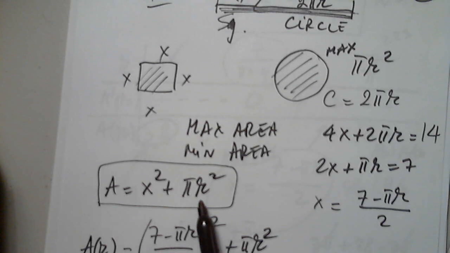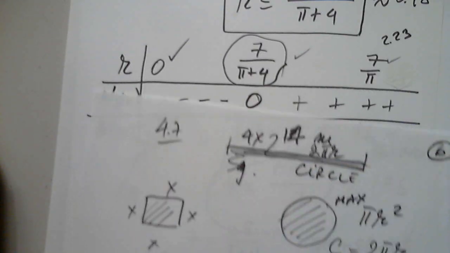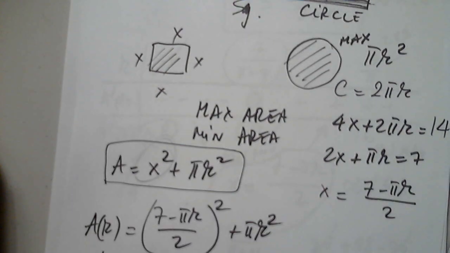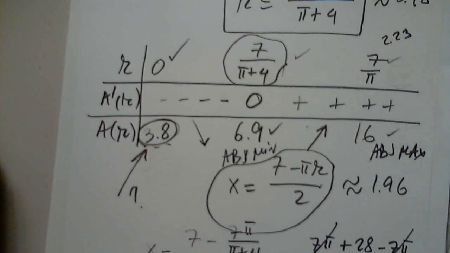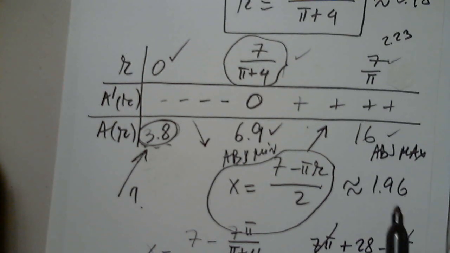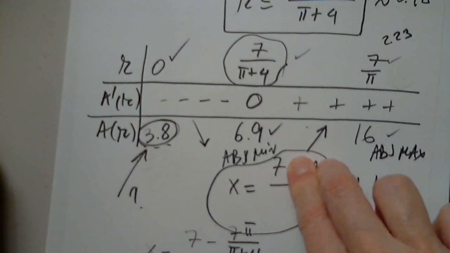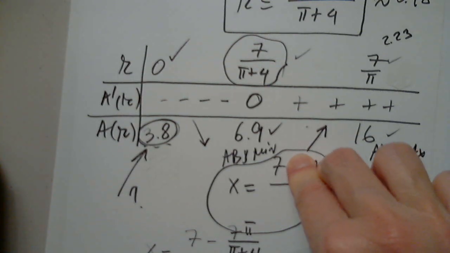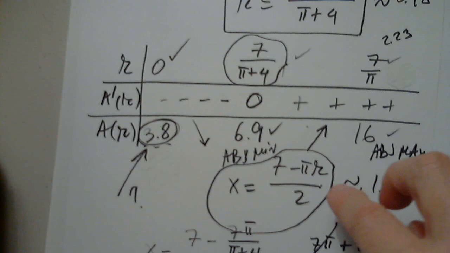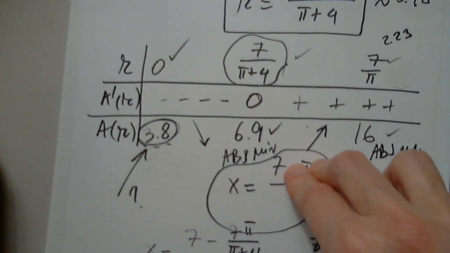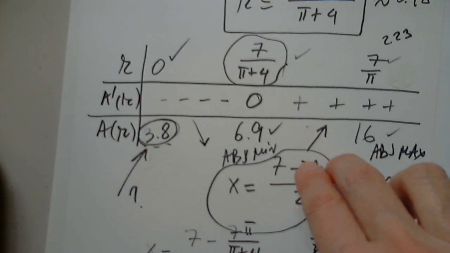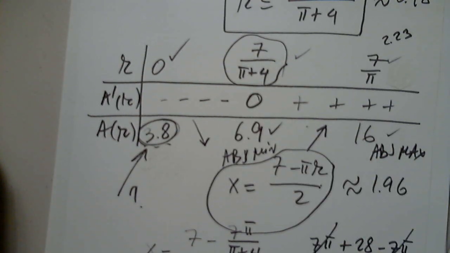When r is 0, the area is x squared. When r is 0, x is 3.5.